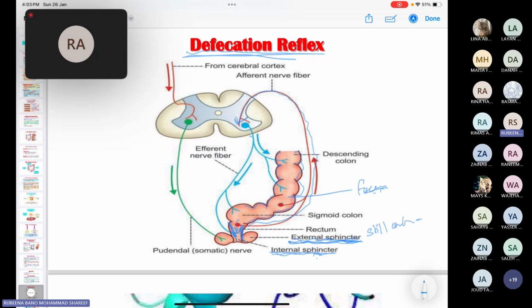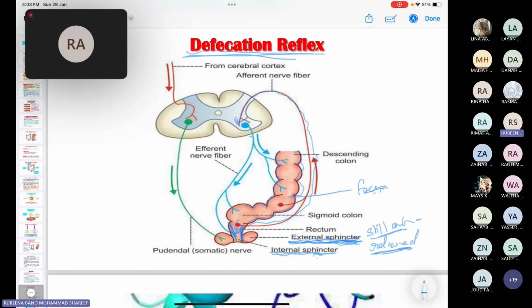But this external is still contracted. So when your brain is satisfied that there is a favorable environment for defecation, then this external anal sphincter also gets relaxed and you are able to defecate.